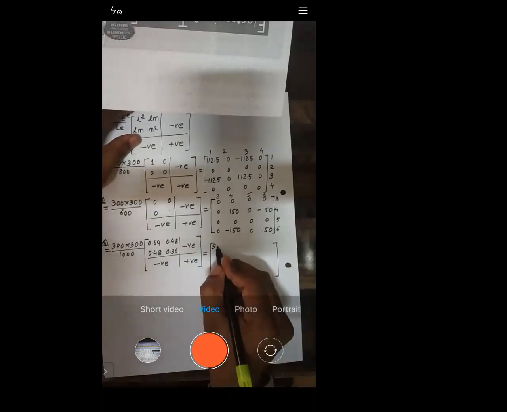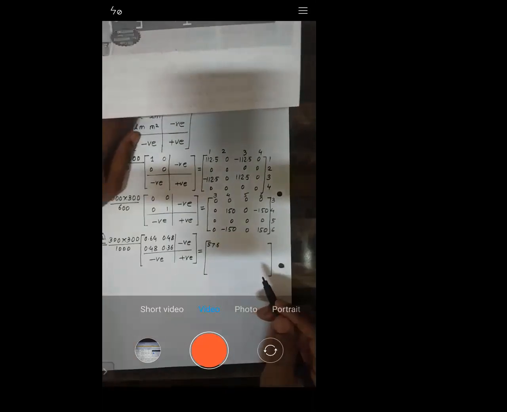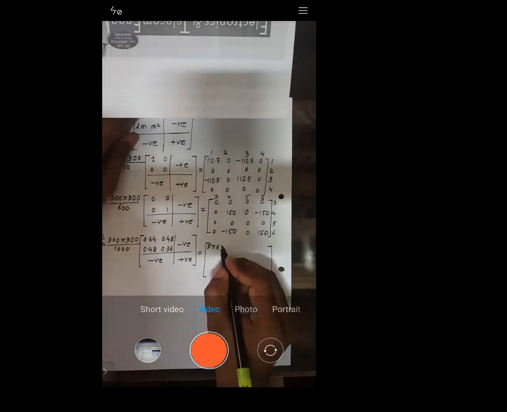Right? 90 multiplied by 0.48 is 43.2. Next here, again 43.2. And 90 multiplied by 0.36 is 32.4.